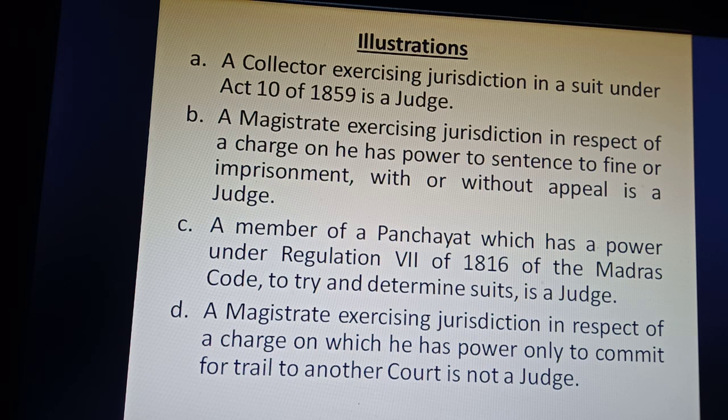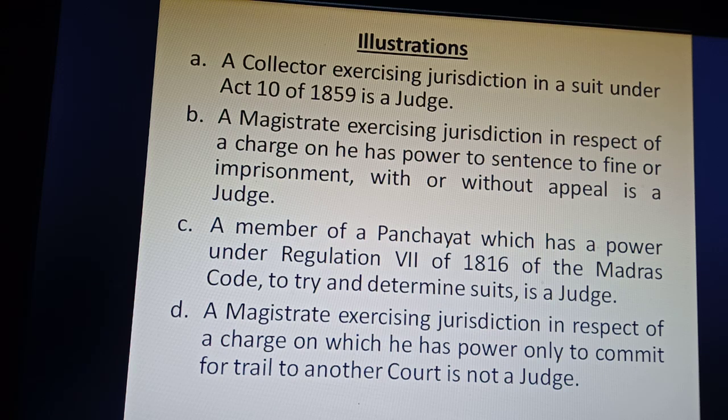First of all, a collector exercising jurisdiction in a suit under Act number 10 of 1859 is a judge. Sometimes suits are filed before the collector, and if the collector is exercising jurisdiction in a suit, what will be the final result in the suit?